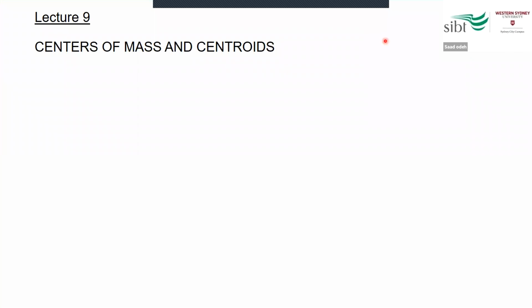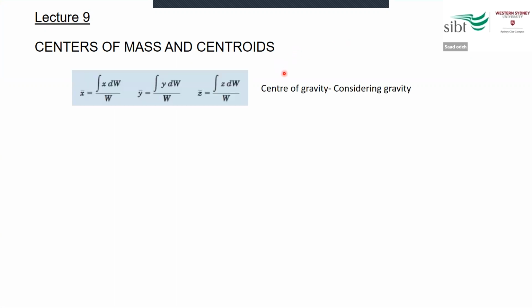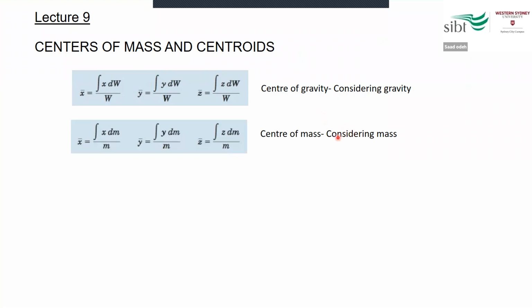In lecture 9, we talked about center of mass and centroid. We have center of gravity when we consider gravity in the equation, and center of mass when we consider only mass.